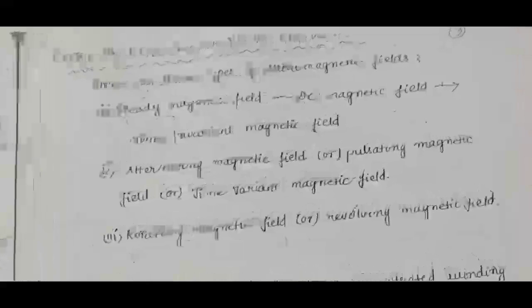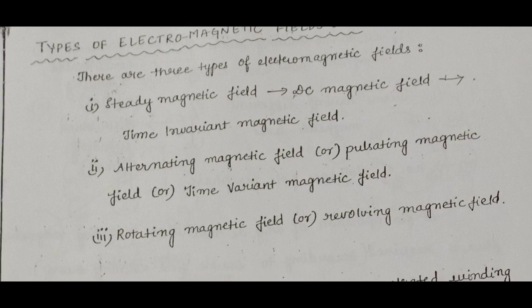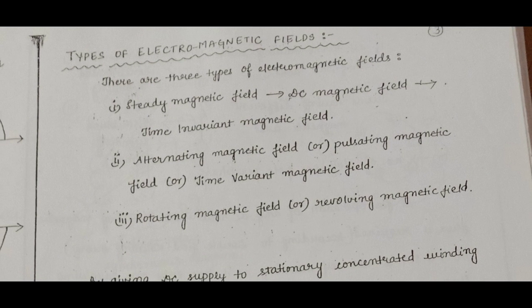Alternating magnetic field, also called a pulsating magnetic field or time variant magnetic field. This magnetic field varies with time.